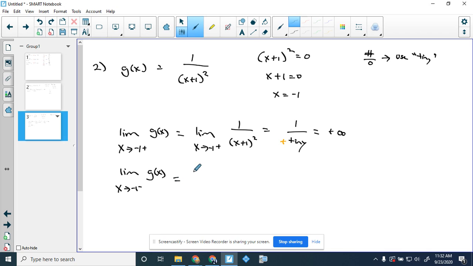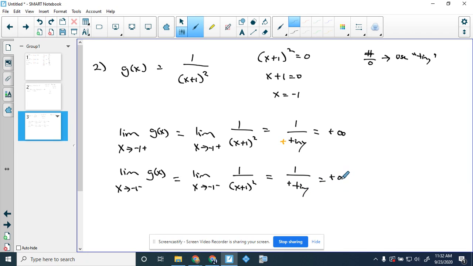And hopefully you're seeing that it's actually not going to matter as I go to -1 from the left, because even though inside these parentheses this would be approaching 0 from the negative side, so it'd be like 1 over negative tiny, it's quantity squared. So I'm still going to get 1 over positive tiny.